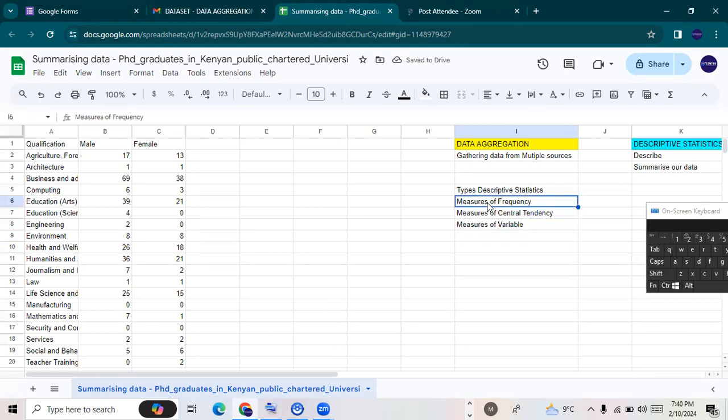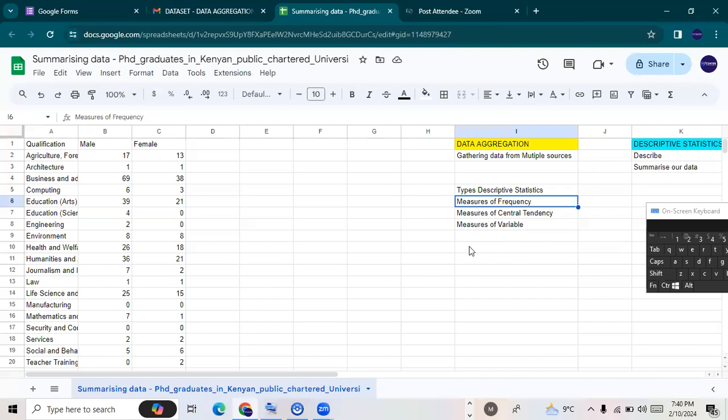So now the question is, what is descriptive statistics? Descriptive statistics are a set of measures that are used to describe and summarize your data, simply put.